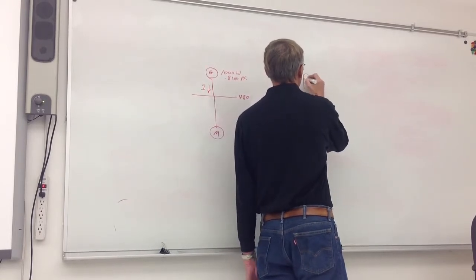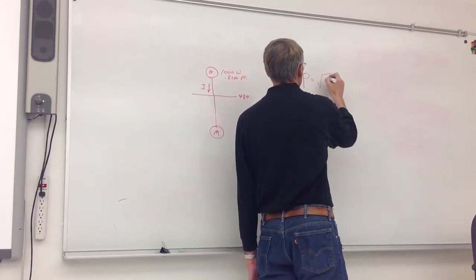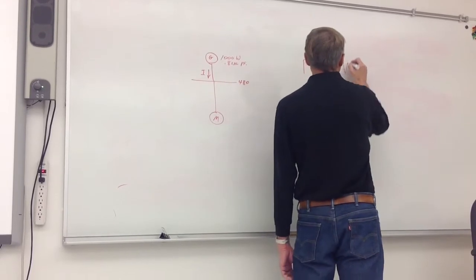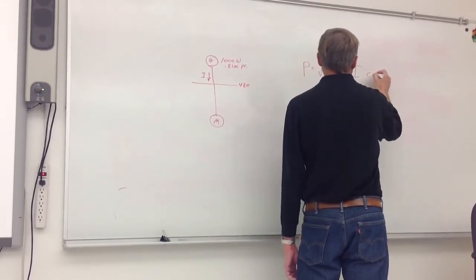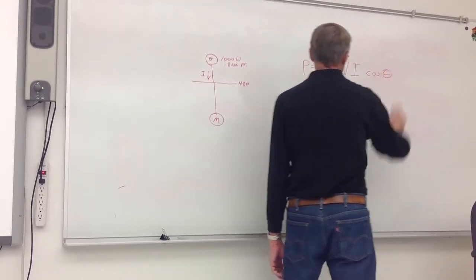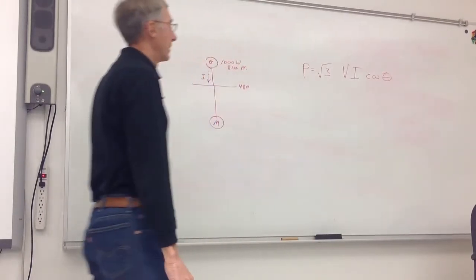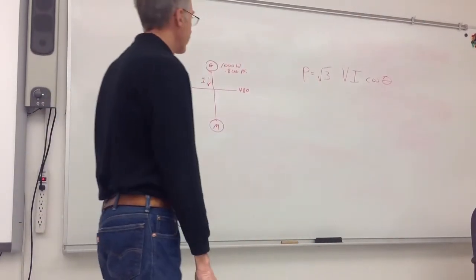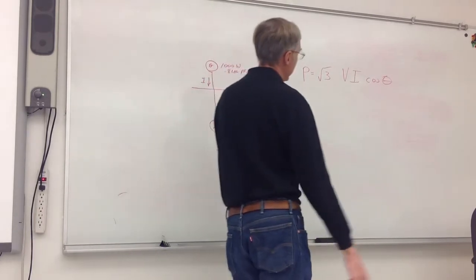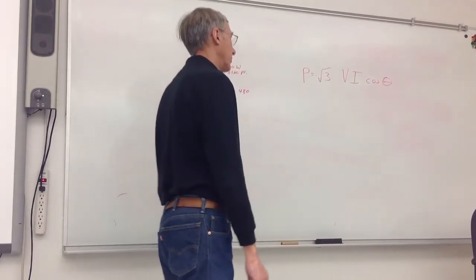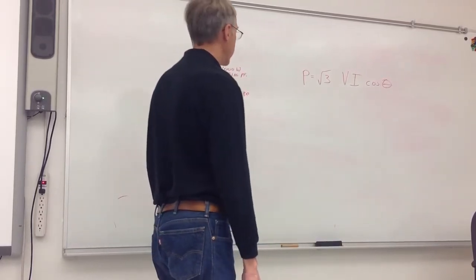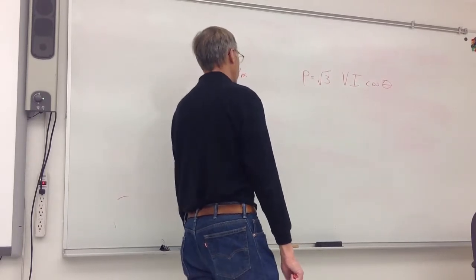P equals square root of 3 times voltage times current times cosine, and we're three-phase. So it's a three-phase generator. If you're not told whether it's single or three-phase, it's always three-phase. If it's single-phase, I'll tell you especially.